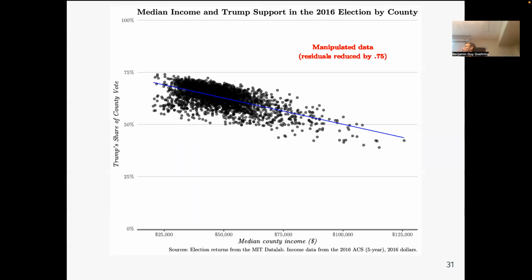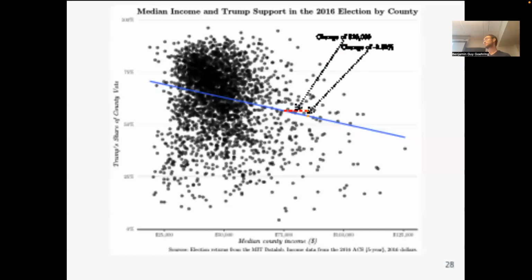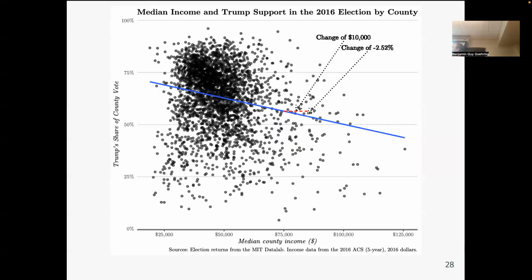So a crucial thing, which took me so long to really grasp, was that confidence and magnitude are completely different things. The slope of this blue line is the exact same as the slope of this blue line, right?